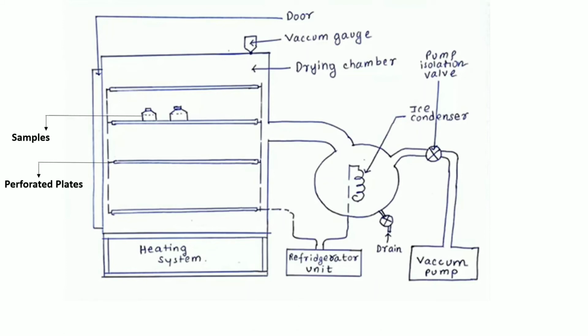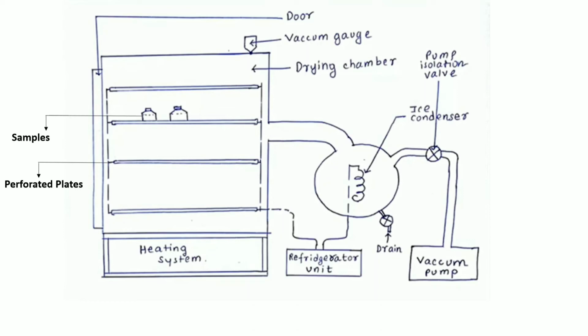Now what will happen is that first of all we are going to start the refrigerator unit, and with the use of the refrigerator we are going to make our solvent into the ice form. We are going to convert our product, which has a solid as well as a liquid, and we are going to convert that particular liquid into the solid form by using the refrigerator.